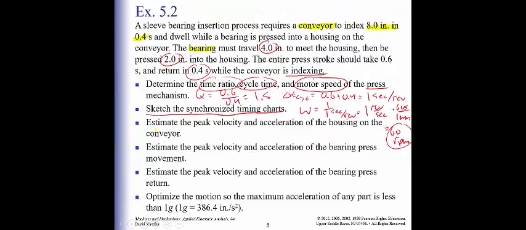Let's go back to the question here. It says estimate the peak velocity and acceleration of the housing on the conveyor. It's pretty easy. We already determined all these things. Peak velocity and acceleration of the housing, this is bearing press movement, and then we have bearing press return. So the conveyor, and then the advancing, and then the return.